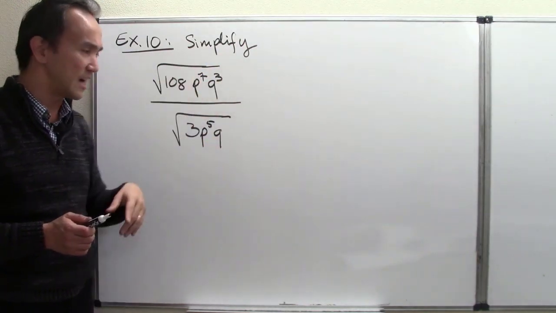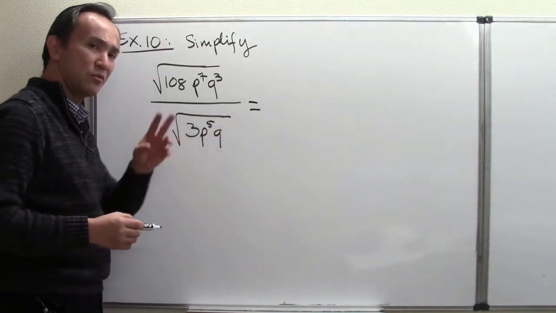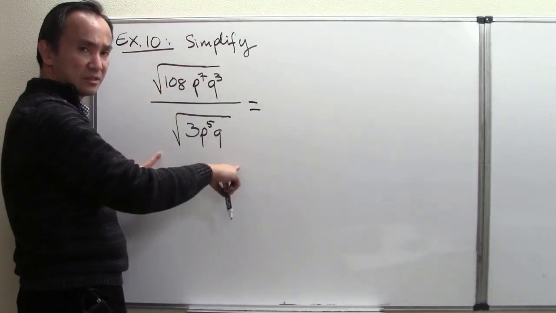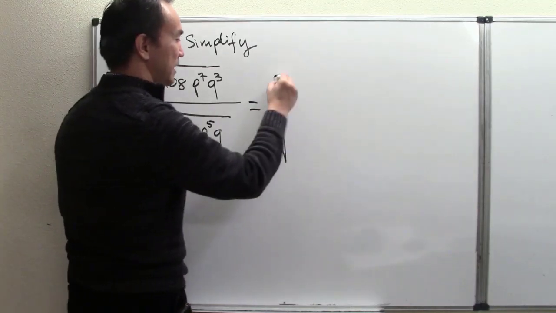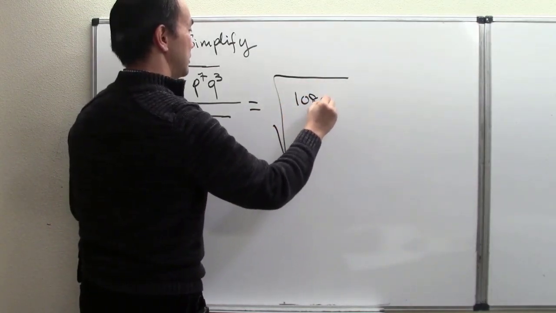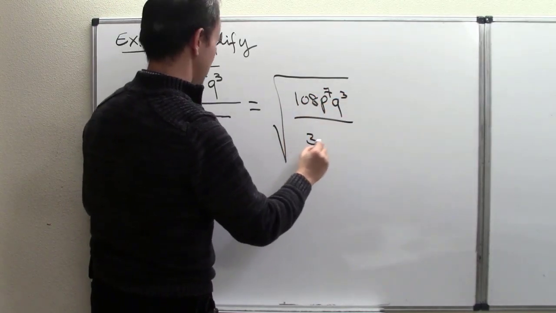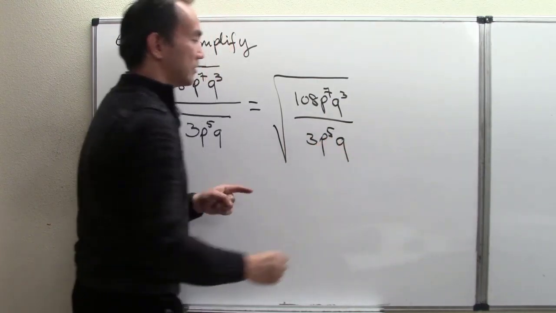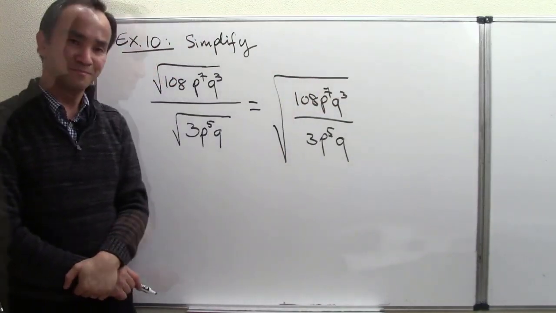One direct route is to combine the square roots using the quotient property in the backward direction into one square root. Now I'm looking at 108 P to the 7th Q cubed over 3 P to the 5th Q, one quotient inside of the square root.